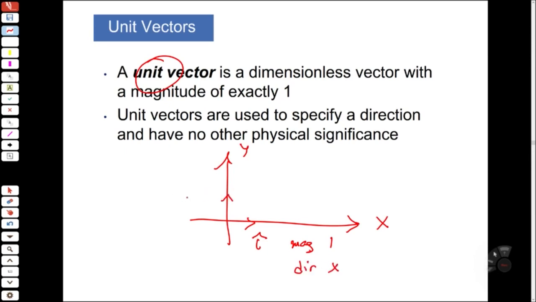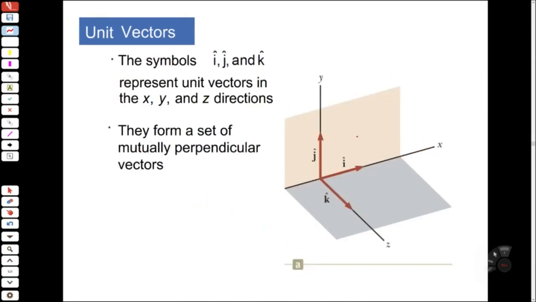And another unit vector J has magnitude 1 and direction along the y direction. So I and J are two unit vectors along the x and y directions. In 3 dimensions you have I, J, and K. K is the unit vector along the z axis.